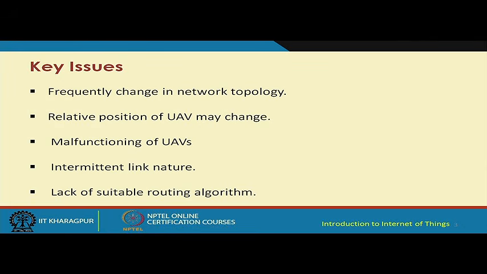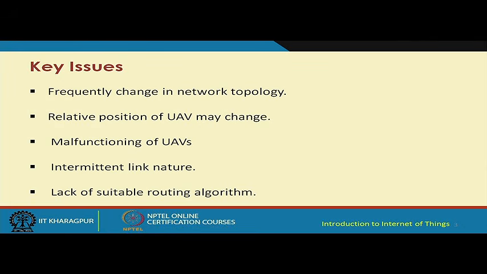So intermittent link connectivity: sometimes these nodes might be able to communicate over a particular link, at few other instances they may not be able to communicate over the links, and so on. So intermittent link connectivity, and lack of suitable routing algorithm is another feature.